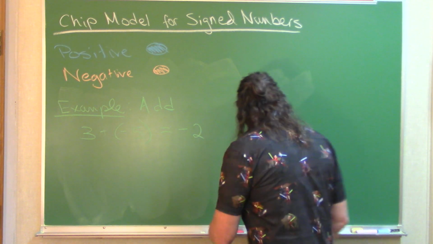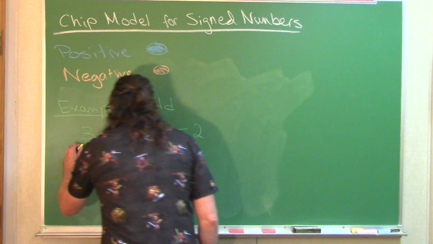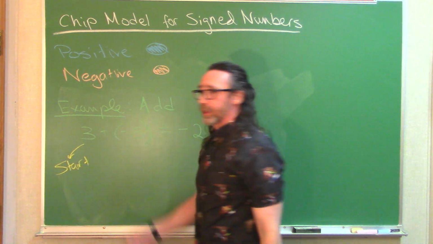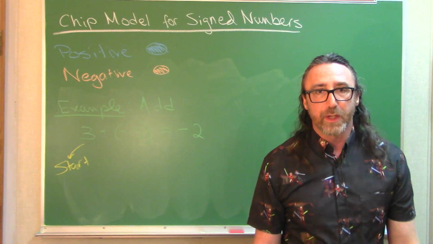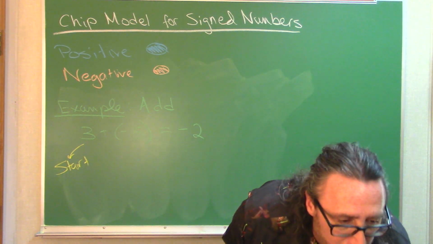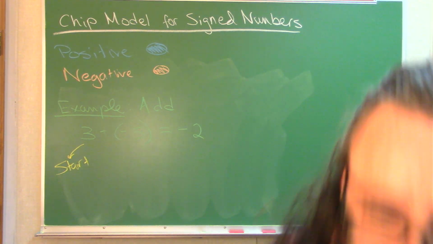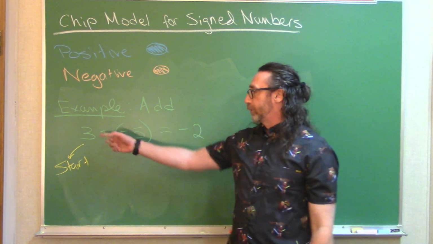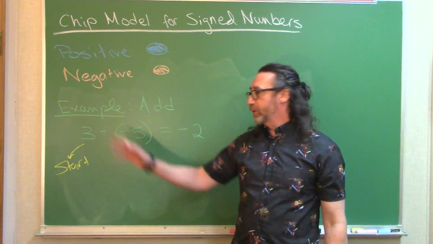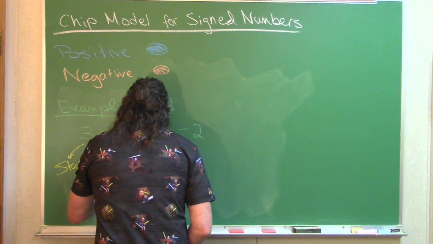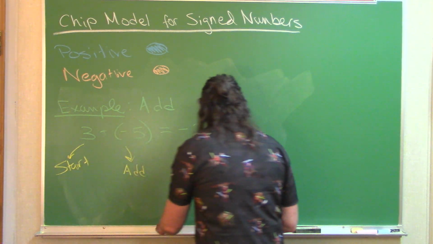Because when you're doing the chip model, here's what you start with. You start by loading 3 positive chips into your model, and then you add these chips to the model.